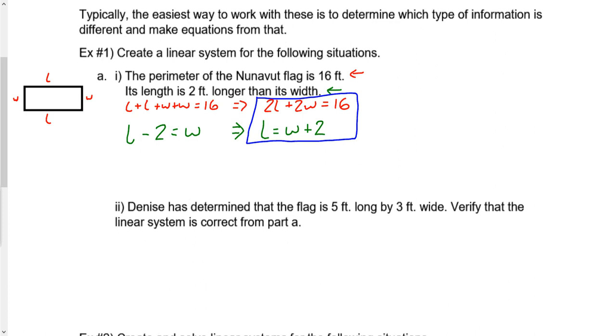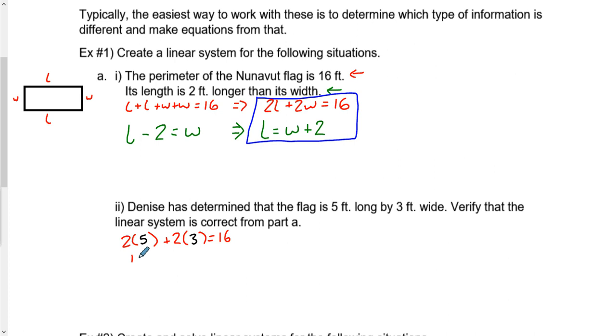For example, if we had 5 feet length and 3 feet width, well, two times 5 add two times 3 equals 16. Is that true?